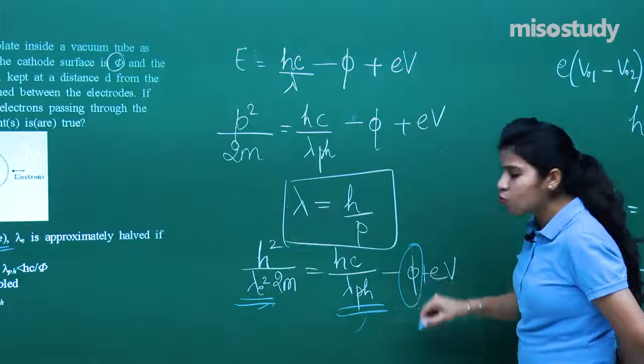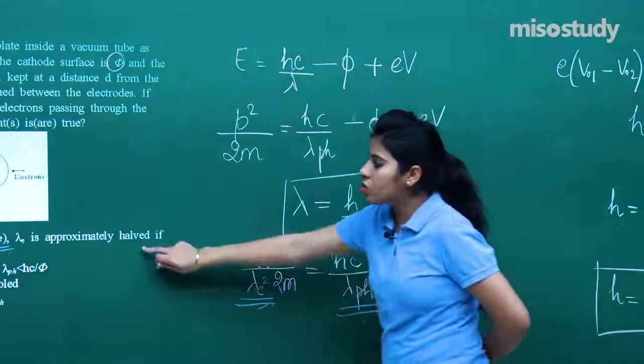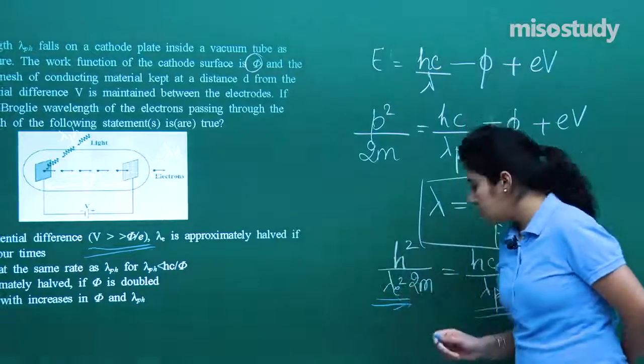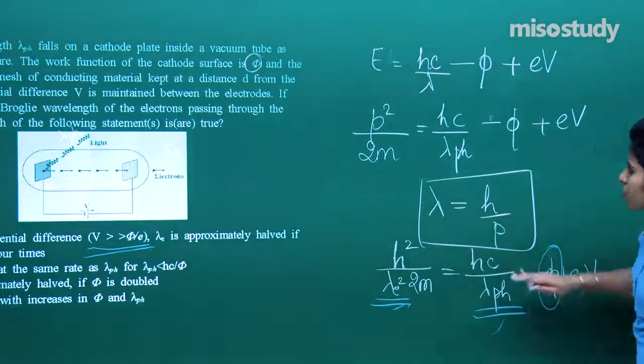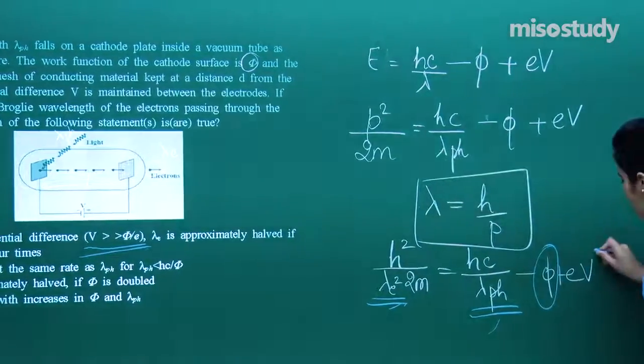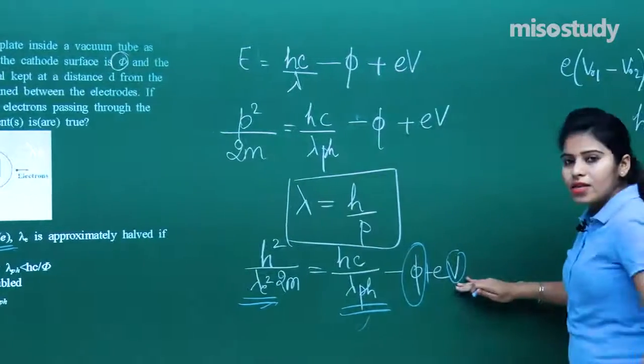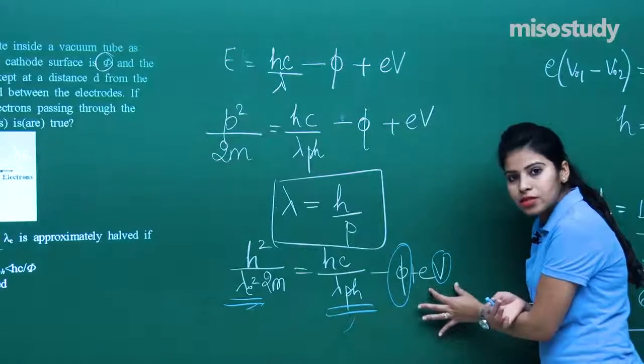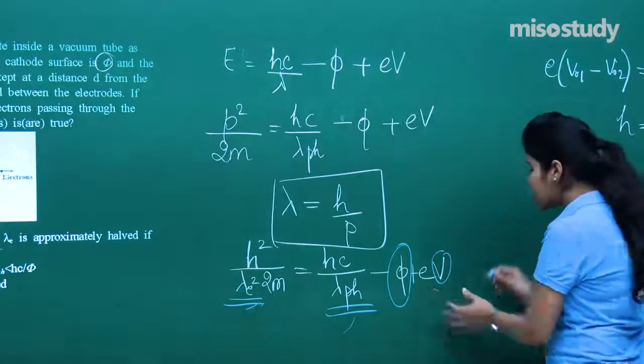That means phi is very small. In the question you can see phi by e is very much smaller than V. That means this phi is very much smaller than this, right? Let me write it for you.